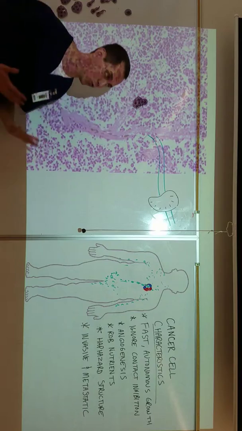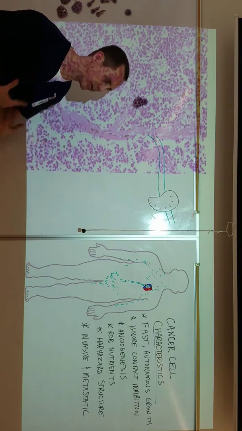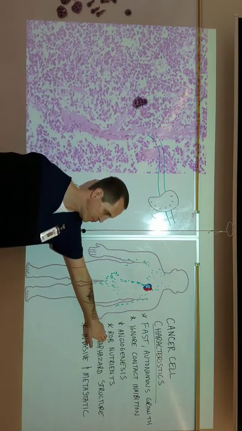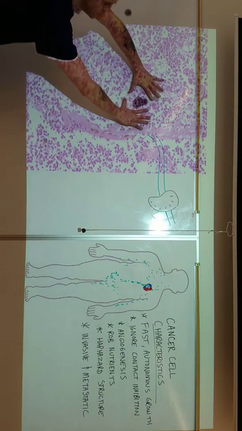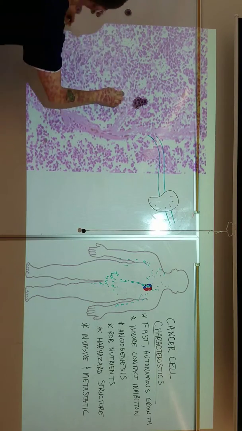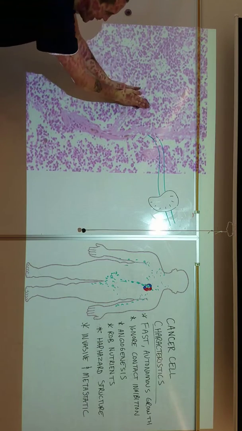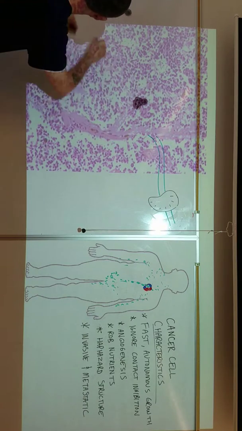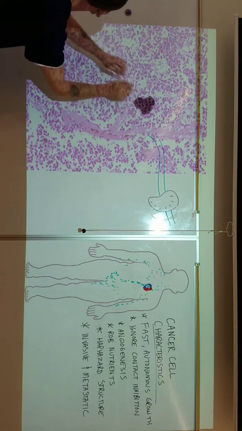So it'll actually create new blood vessels to give itself more nutrients so it can grow faster. This robs nutrients from surrounding tissues. And if nutrients around here are being robbed and it's all going to this one, this tissue starts dying, making it easier for the cancer to spread throughout this tissue. So more and more this tumor will grow.